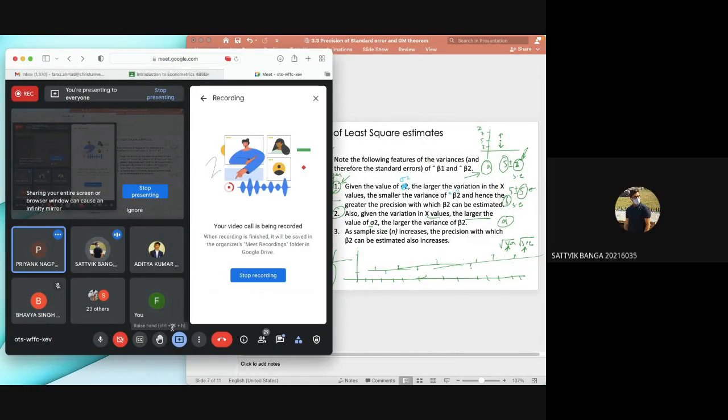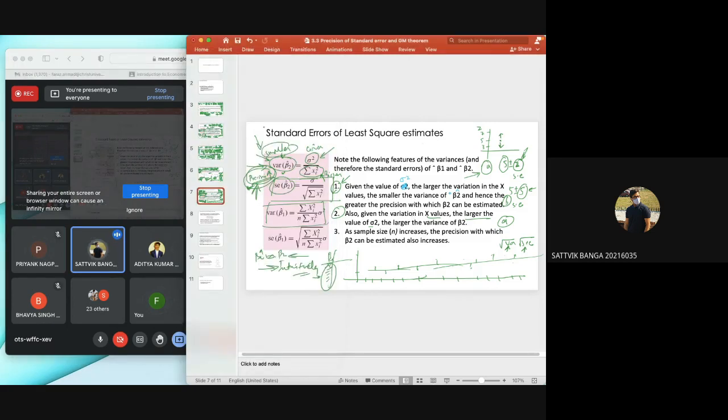Sir, there's one thing, your pen and the voice now lags a bit. When you write, the thing comes a bit late to us. It lags all the time. When you're writing, we are not able to see it at the same point of time. We are able to see it like 2 or 3 seconds or 5 to 6 seconds later. Okay. So what I can do is be a little bit slow.